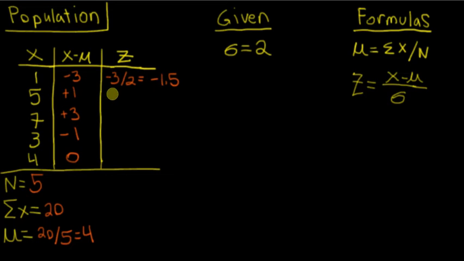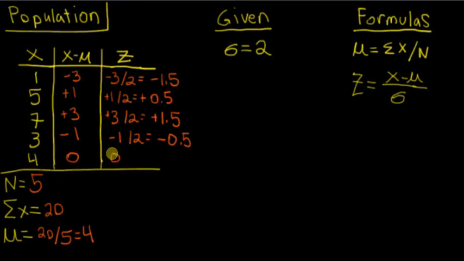Let's continue. Here we have plus 1 divided by 2 equals plus 0.5. Here we have plus 3 divided by 2 equals plus 1.5. Negative 1 divided by 2 equals negative 0.5.